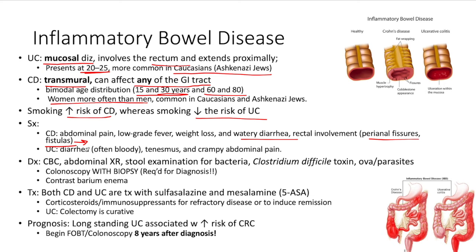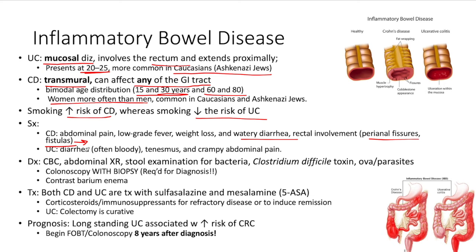You can also have a colovesicular fistula, which is a fistula between the colon and the bladder. That patient is going to be complaining of frothy urine, a lot of bubbles, obviously odor whenever they use the bathroom, and dark urine. All of these things together give you that picture, okay?